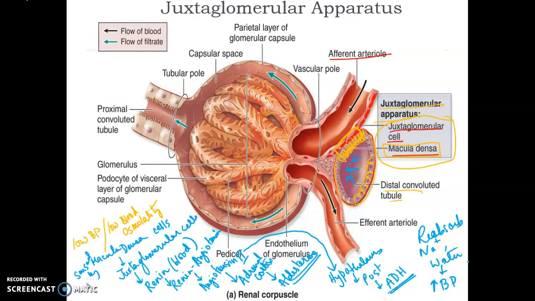Angiotensin 2 works on the adrenal cortex to release aldosterone. Angiotensin 2 also works on the hypothalamus, which further stimulates the posterior pituitary to release ADH. So these two hormones, ADH and aldosterone, cause the kidneys to reabsorb more sodium and retain water, which helps to increase blood volume and ultimately blood pressure. This is how the kidneys regulate blood pressure in the human body.